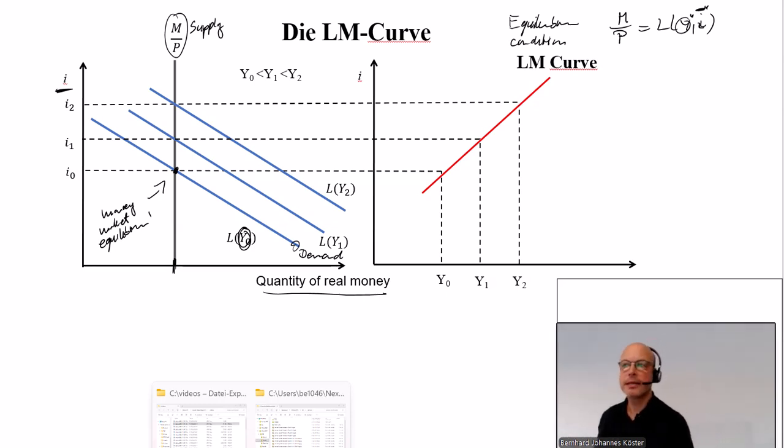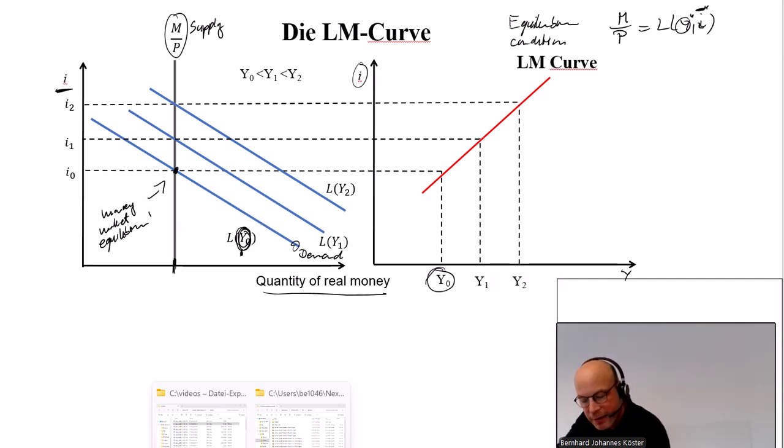So what does this money market equilibrium now imply? It says, well, this is an equilibrium given y0, given some specific income. Let's assume this income is within the interest rate income diagram, some fixed number which we can find here.